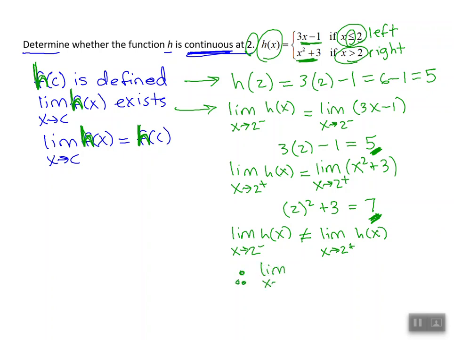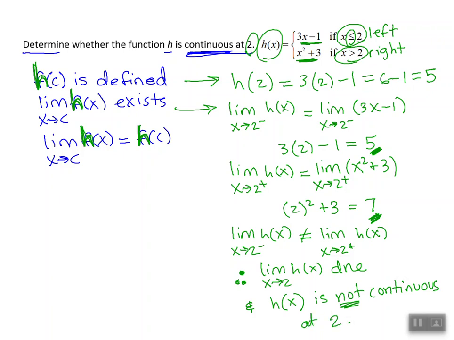The limit as x approaches 2 of our function does not exist, which follows that h of x is not continuous at 2. Or we could say h of x is discontinuous at 2.